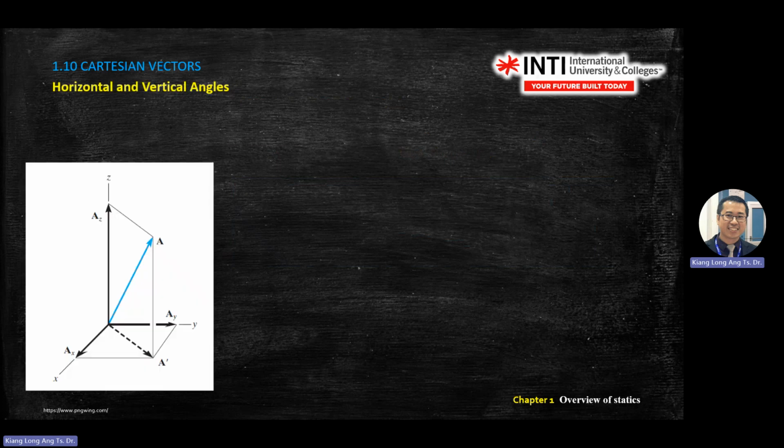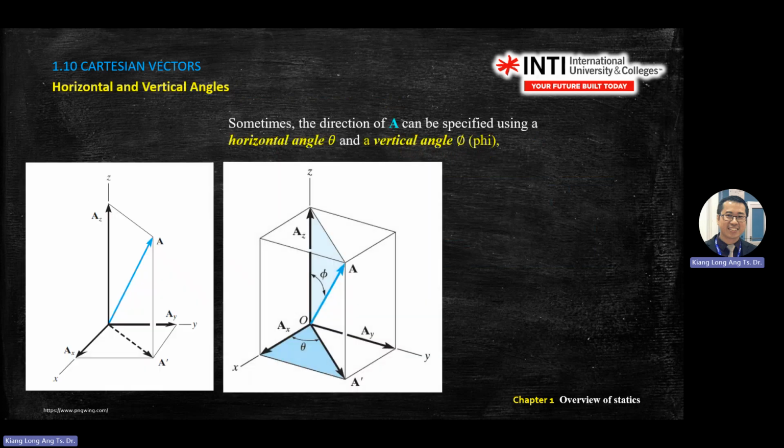This one is the vector, this is a plane, vector to, we can say, vector to the component of the vector. For example, this phi is A, the blue arrow, to the AZ vector. Then this theta is A prime to AX.